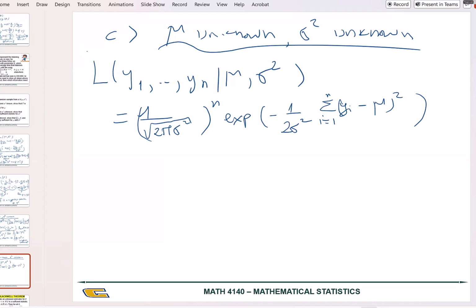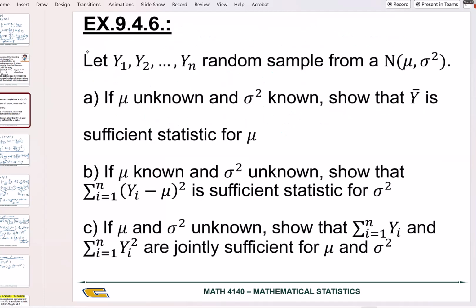And then I can push them all together in this fashion, because my goal here is to show that the first order summation yi and the second order summation yi square are sufficient. So basically I need to create summation yi and summation yi square.